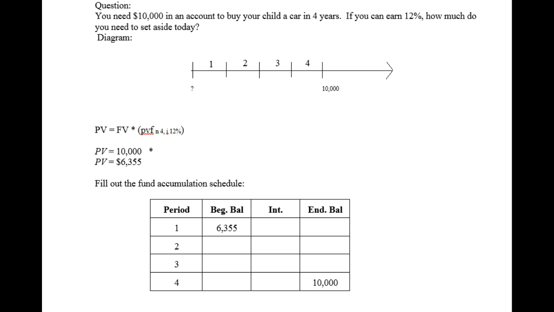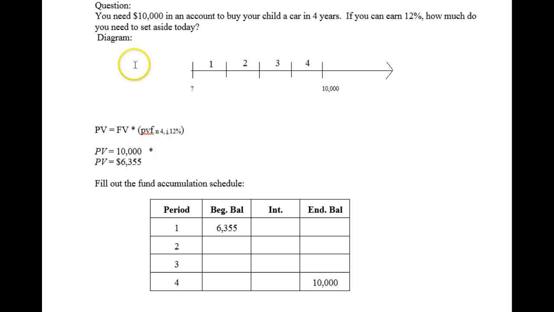It's your turn now. If you need $10,000 in an account to buy your child a car in 4 years and you know you can earn 12%, how much do you need to set aside today? I need 10,000. I'm looking for the amount today, so there's my question mark. You need to work out this number by taking $10,000, the future value, and multiplying it by an interest factor.